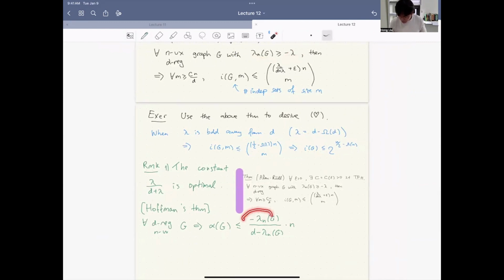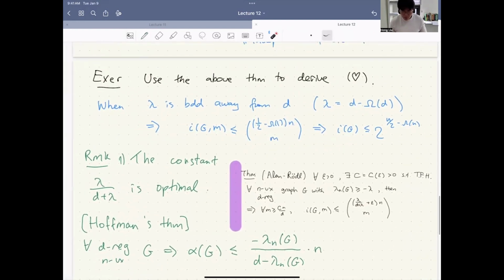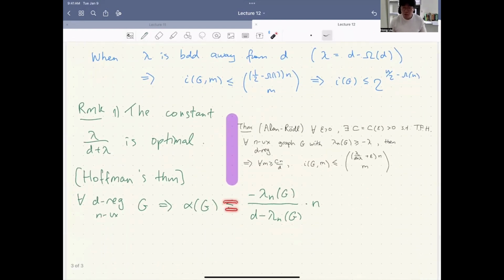So this is the λ here, and this is the d plus λ down here. The point is that Hoffman's bound equality holds sometimes. There are graphs where the independence number is this quantity times n. Then of course you take the largest independent set of this size and you choose all m-subsets of it. This equality could hold, up to this epsilon. So we cannot replace this by anything smaller.